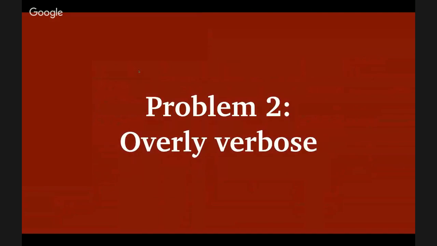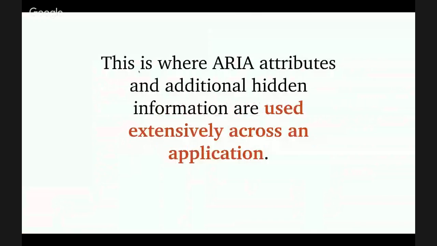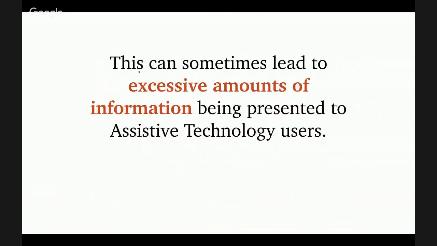The second problem is this idea of being overly verbose. This is where ARIA attributes are added along with hidden information, and they're used extensively across the application. What this can mean is you get excessive amounts of information being presented to assistive technology users. Last year I worked on a banking application where that was the case.